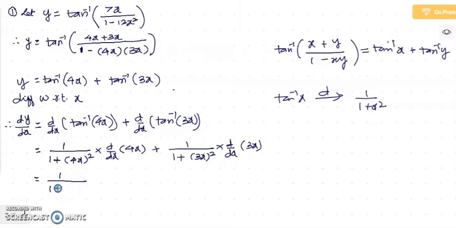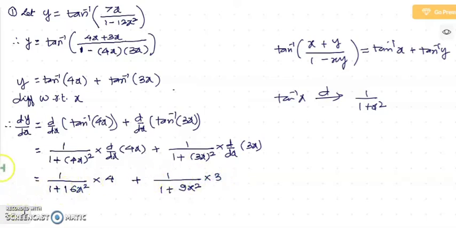We can write the steps to finish this as 1 upon 1 plus (4x) whole square, which is 16x square, into d by dx of 4x, which is 4. That's the first term, plus 1 upon 1 plus 9x square into d by dx of 3x, which is 3.